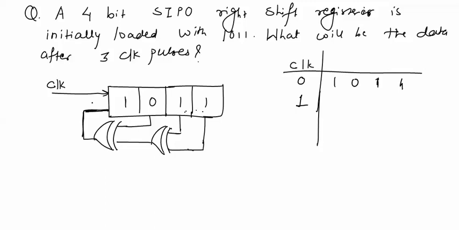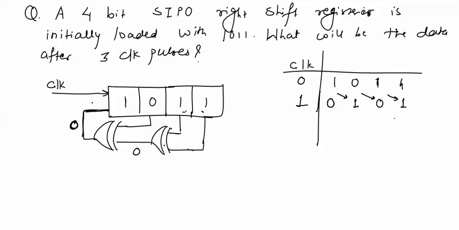These two bits will be XORed. So 1 XOR 1 will be 0. This 0 will be XORed with this 0, which will be 0. Means the next input bit will be 0. So a 0 bit will be inserted into the register, while the other bits will be shifted to the right.